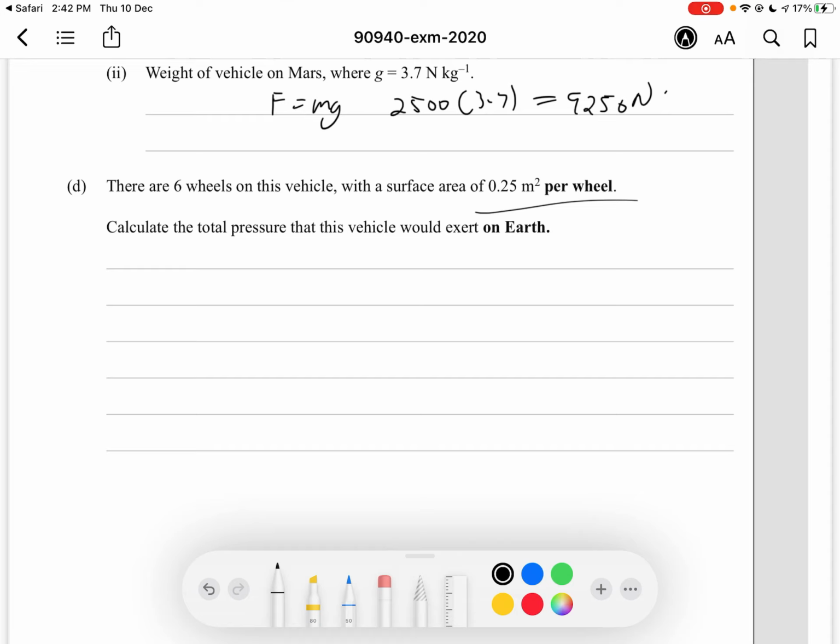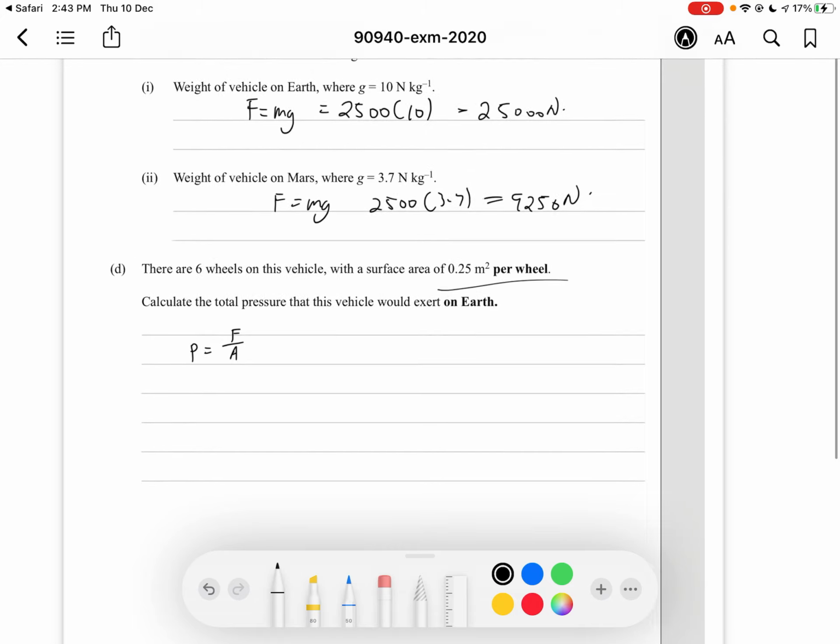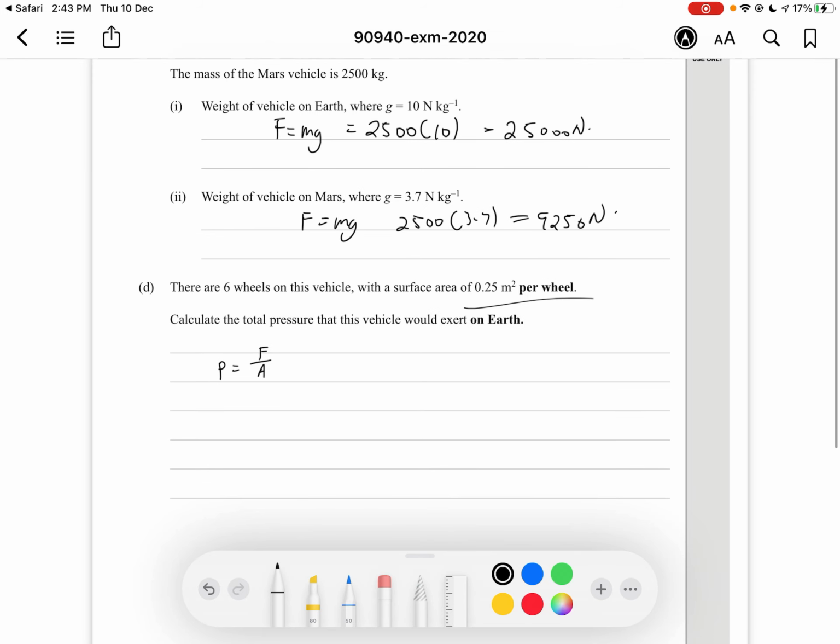There are 6 wheels on this vehicle with a surface area of 0.25 meters squared per wheel. Calculate the total pressure this vehicle will exert on the Earth. So we know that pressure is the force over the contact area, so F over area is the pressure.